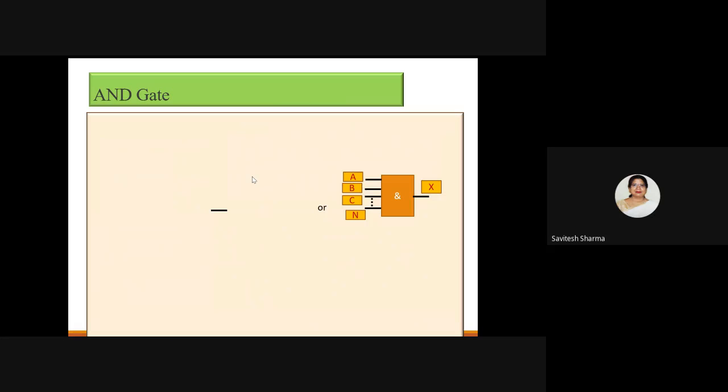Now come to the next basic gate, the AND gate. The AND gate is an electronic circuit that does a logic operation. The important thing is that it will produce a 1 whenever all the inputs are 1. Otherwise, it will produce 0.